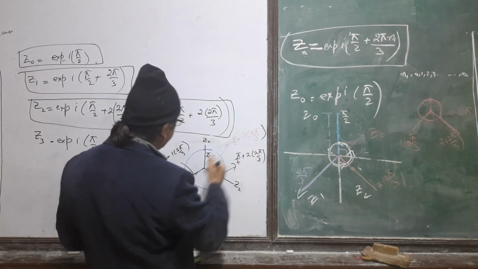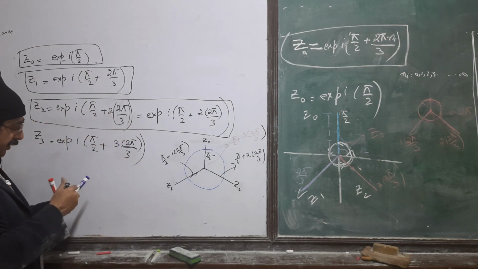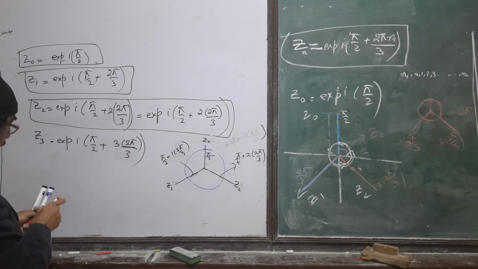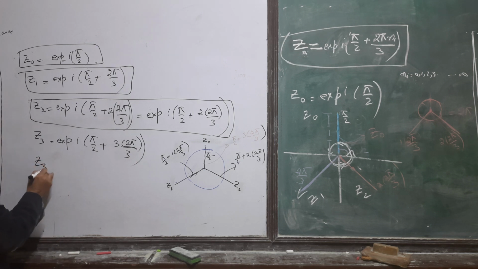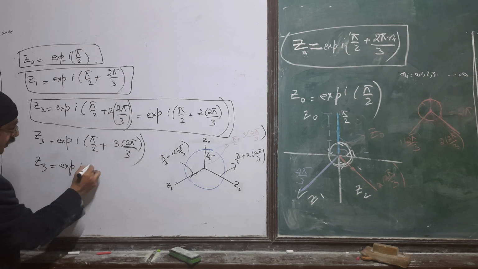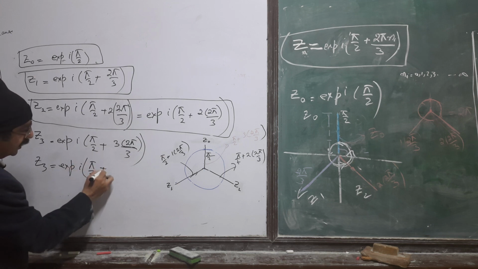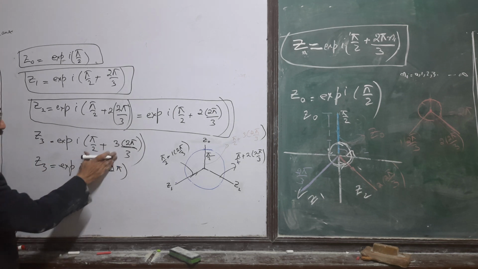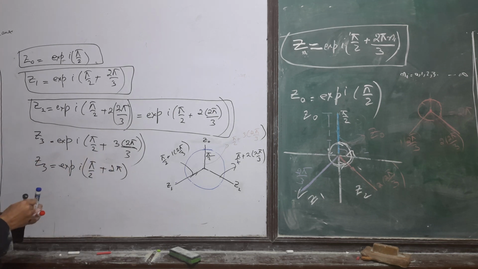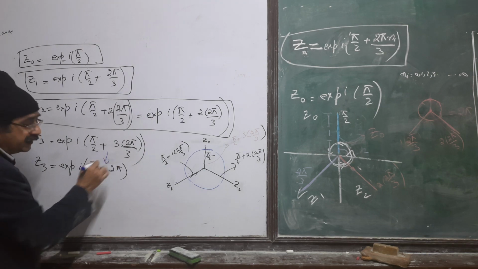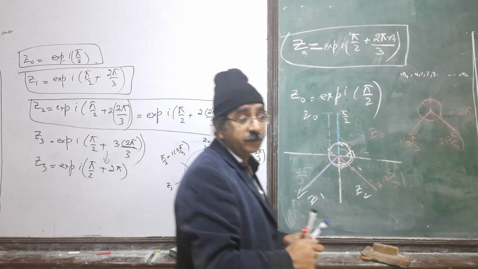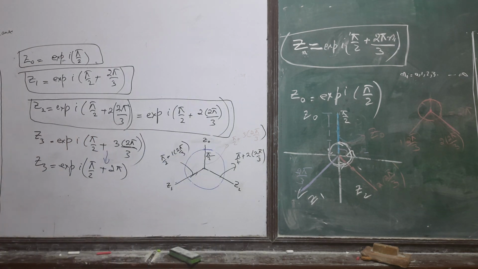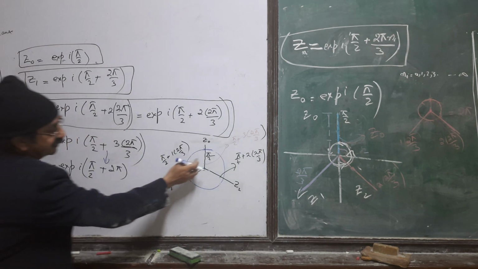Even if we consider it, one way to understand it is that we may write it in this way too: the exponential of iota, pi by 2 plus 2 pi. Both are equal. You may write it in this way too. And 2 pi means repeat.